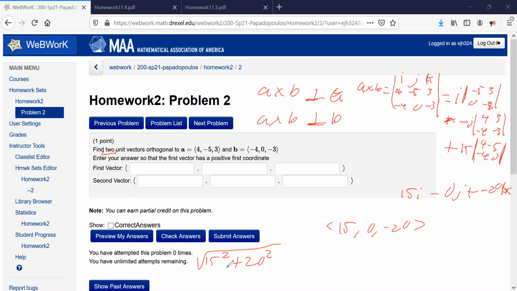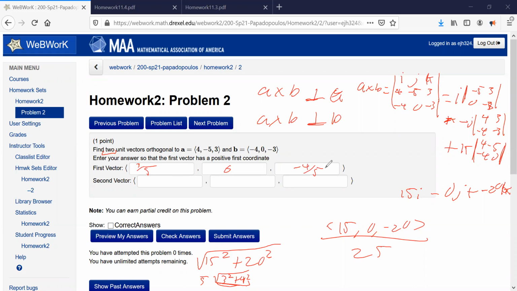I can pull out a 5 from both of these, so this is actually the same thing as 5 times the square root of 3 squared plus 4 squared, and this right here is also 5. So if I divide by 25, this becomes 3 over 5, 0, negative 4 over 5.